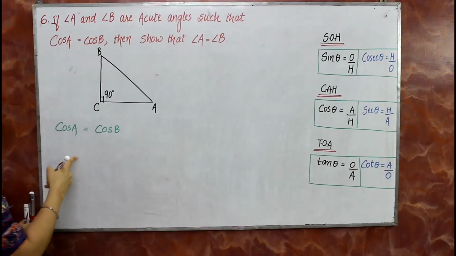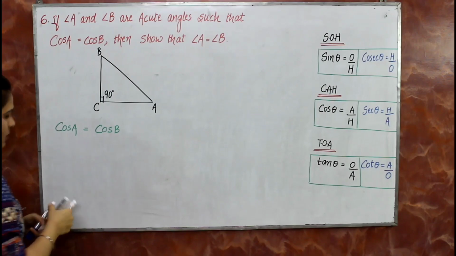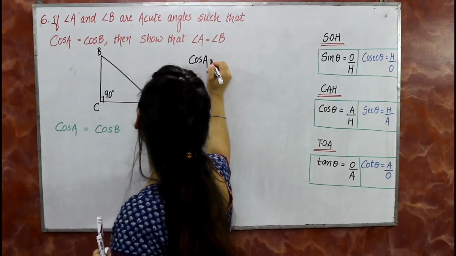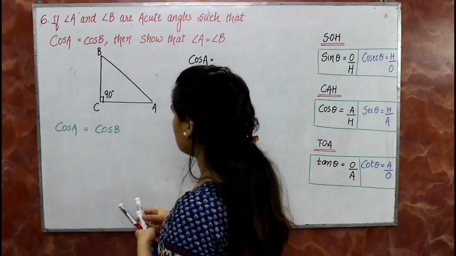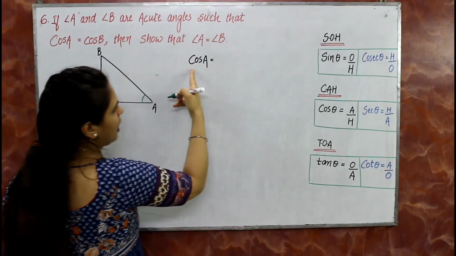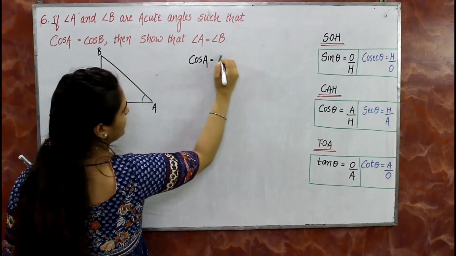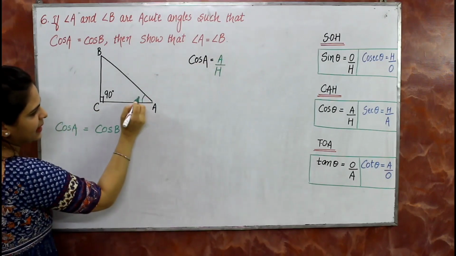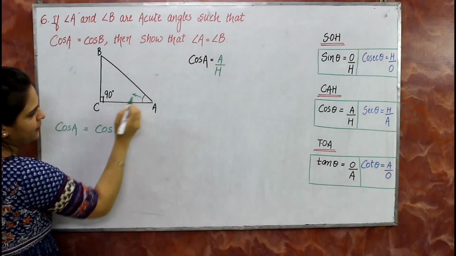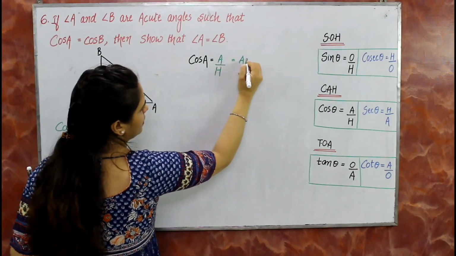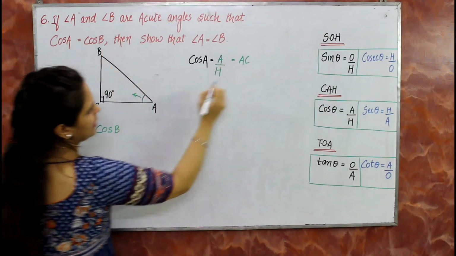Let's find the value of cos A first. Cos A. We are interested in angle A, and formula of cos A is adjacent upon hypotenuse. In this case, adjacent will be side AC and hypotenuse is AB.